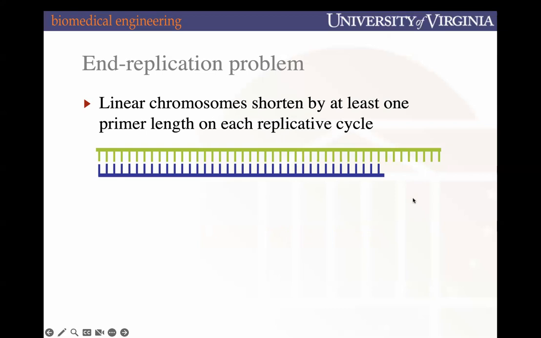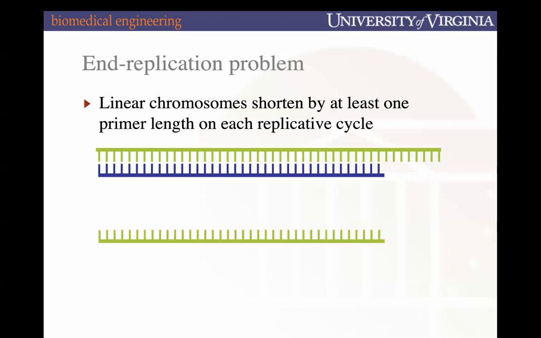And so with each replicative cycle, we lose that part of the DNA. And so when that's copied, now we have this segment that's shorter.